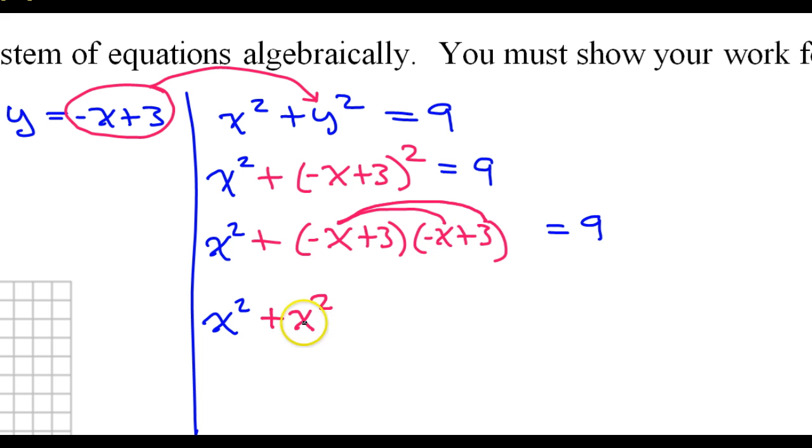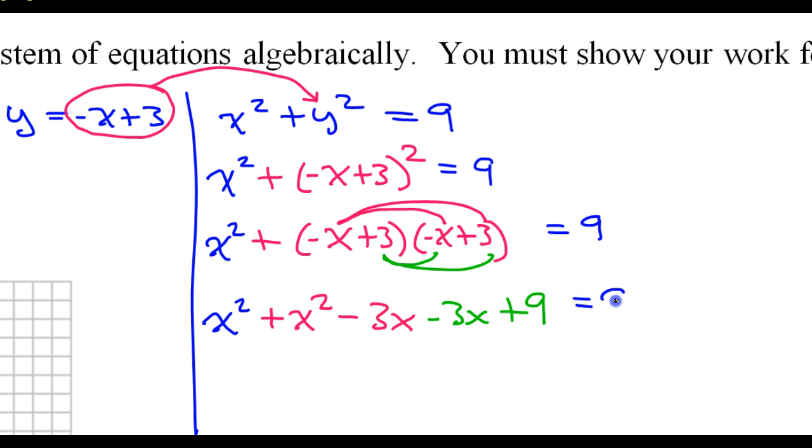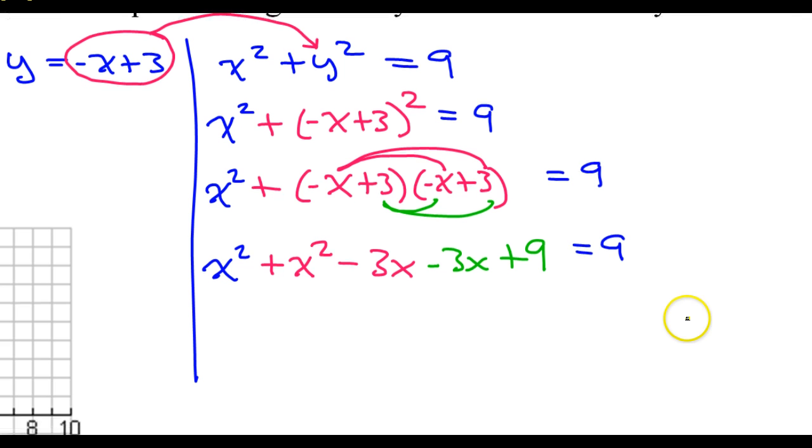X times x is x squared. Negative x times positive 3 is going to be negative 3x. Now I will distribute the 3. 3 times negative x is negative 3x. 3 times 3 is 9. So that's going to equal 9.